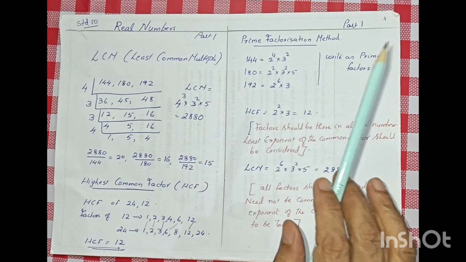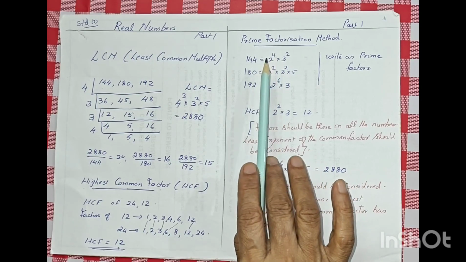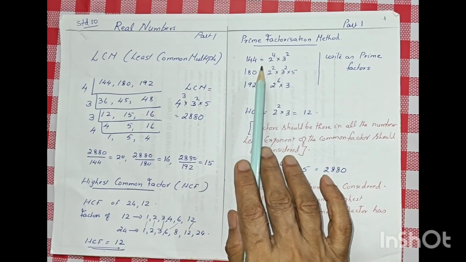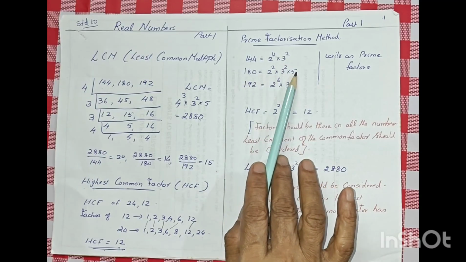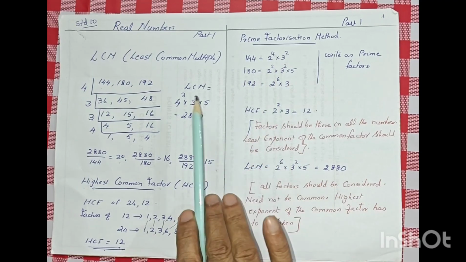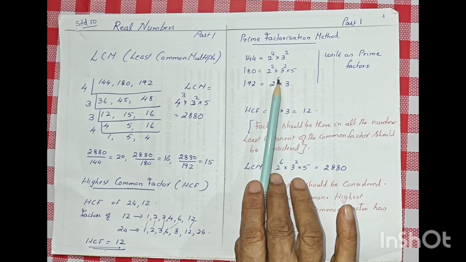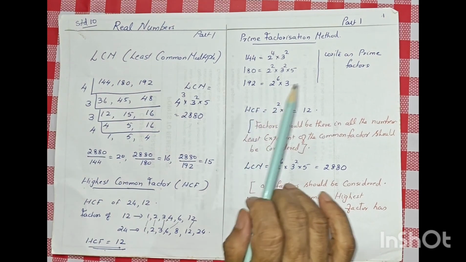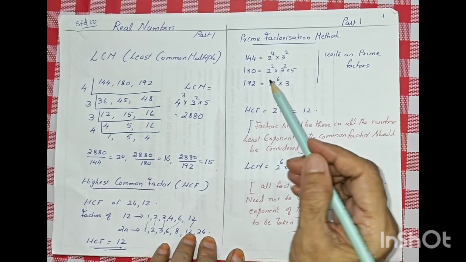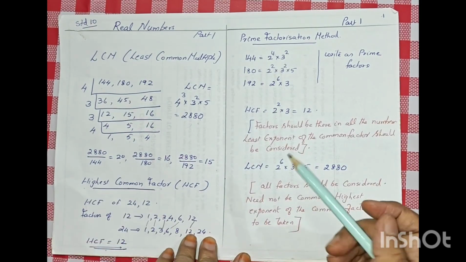So 144 can be written as 2 to the power of 4 into 3 square. 180 will be 2 squared into 3 squared into 5, and 192 is 2 to the power of 6 into 3.